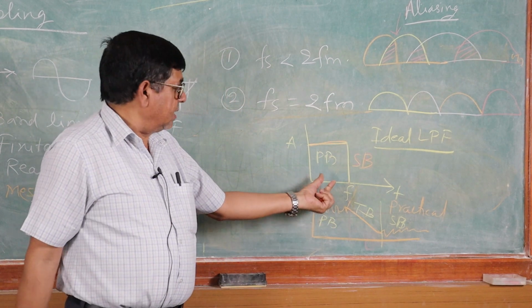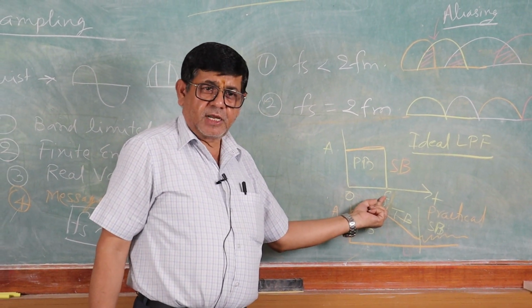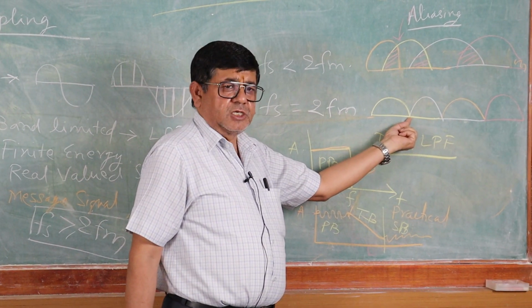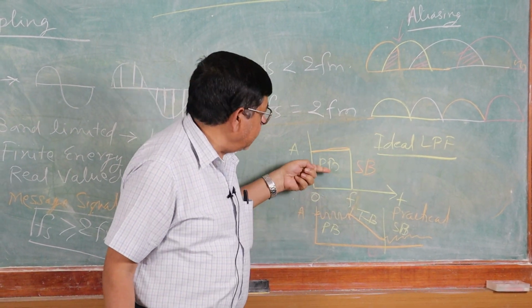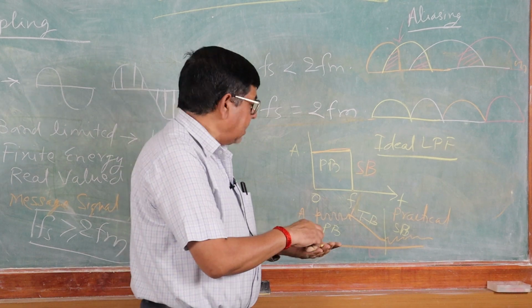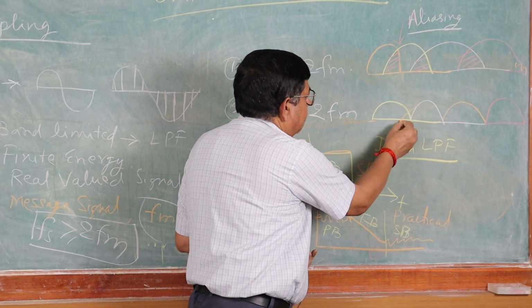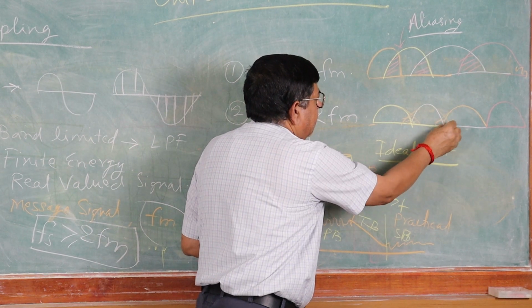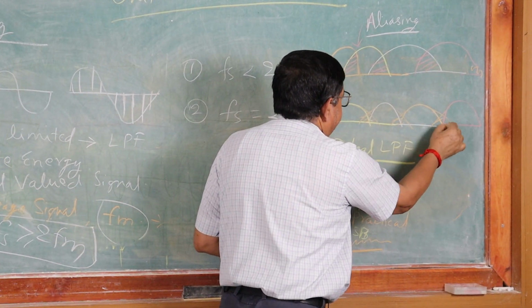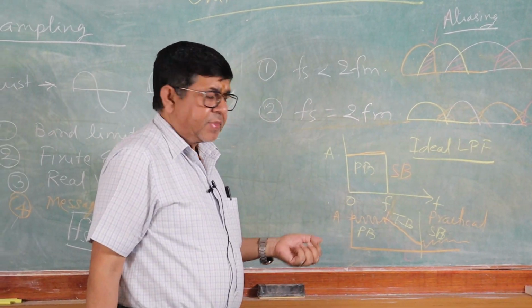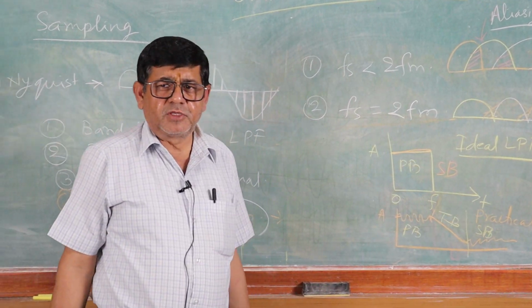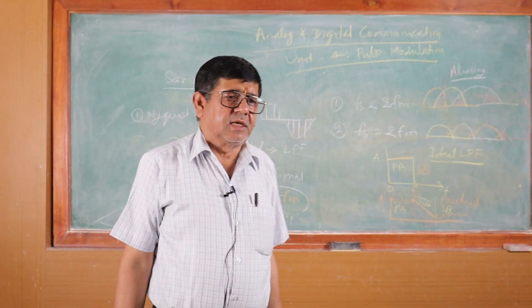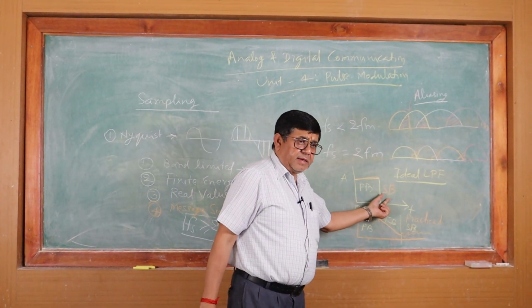So you will not get a sharp cutoff filter which cuts the signal at this point. Actually it will go somewhere else. So practically, this signal will go here, this signal will go here, and again there will be interference, again there will be aliasing. Did you understand? Because this transition band is not present in ideal filters, and when we consider things theoretically, we are considering ideal filters only.